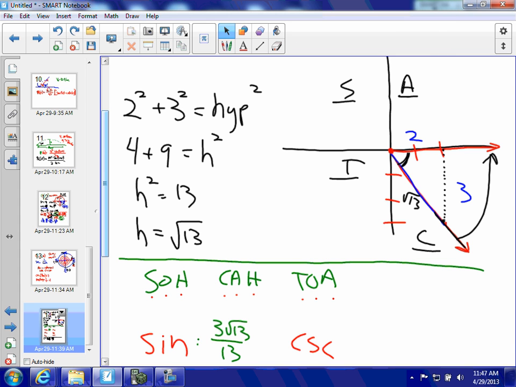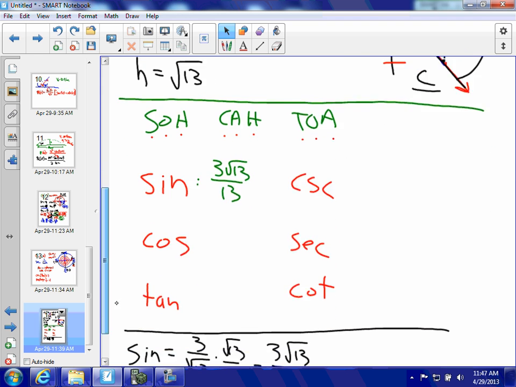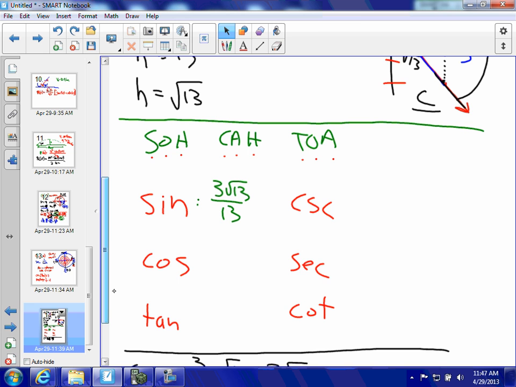So since I know I am in quadrant 4, the only thing that's going to be positive is my cosine. So my sine is going to be negative, as will its reciprocal, cosecant. Cosine is going to be positive, as will secant. And tangent is going to be negative, as will cotangent. So now I've got the positive and negative signs all set up.